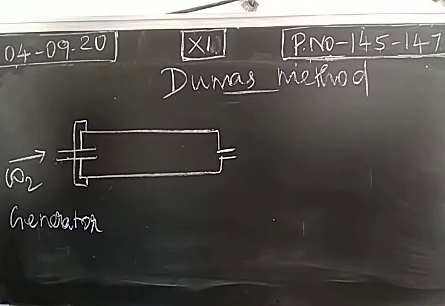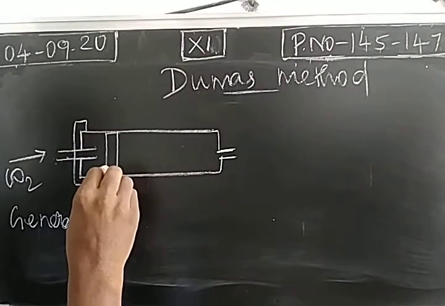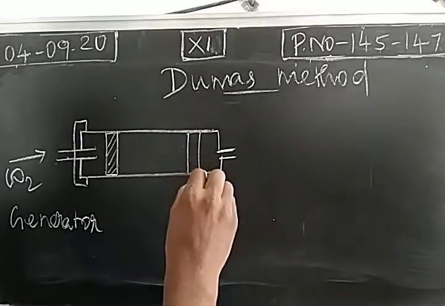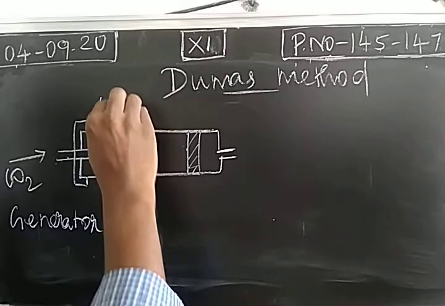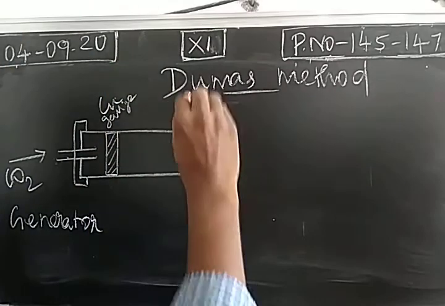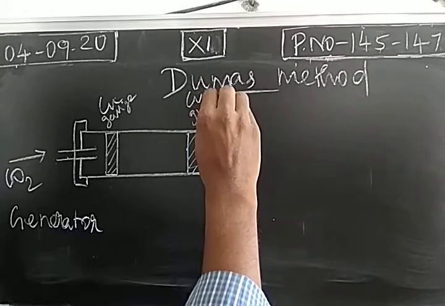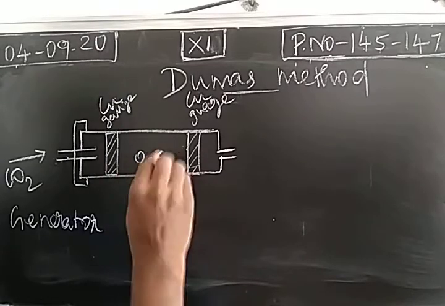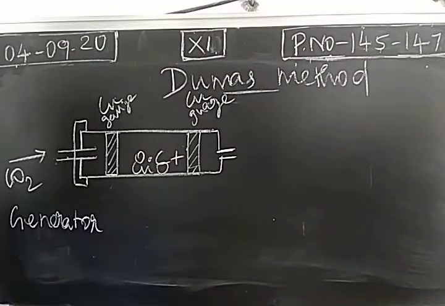In this combustion tube we have copper gauze. This is copper gauze. This is also copper gauze. Here we have the organic compound and copper 2 oxide. So this is the combustion tube, glass tube.